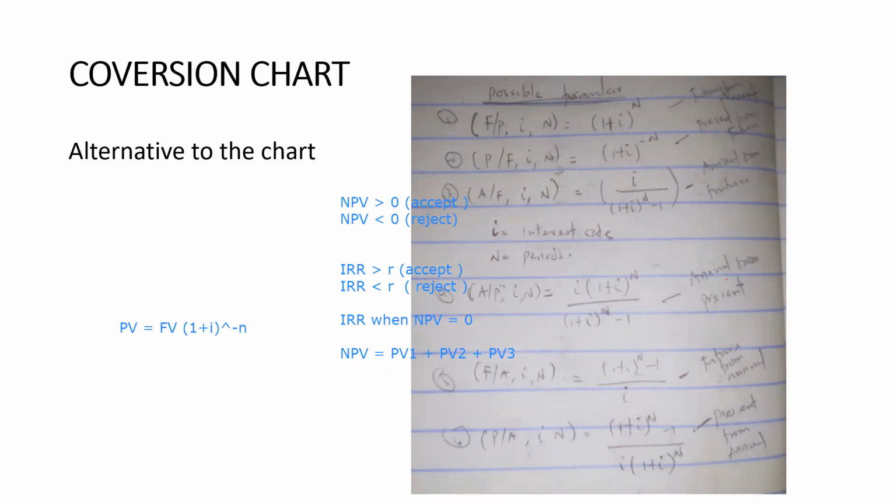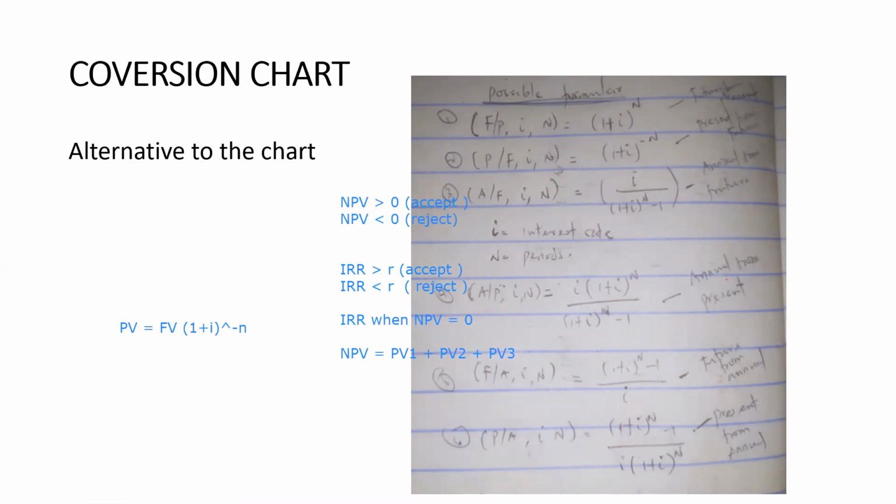So what are the conditions for you to accept? If your NPV of that project is greater than zero, and NPV means the cumulative of your present value, even if the project is to use 25 years, you need to calculate the present value for all those 25 years and add them together to see if it is greater than zero. If it is greater than zero, you accept the project.